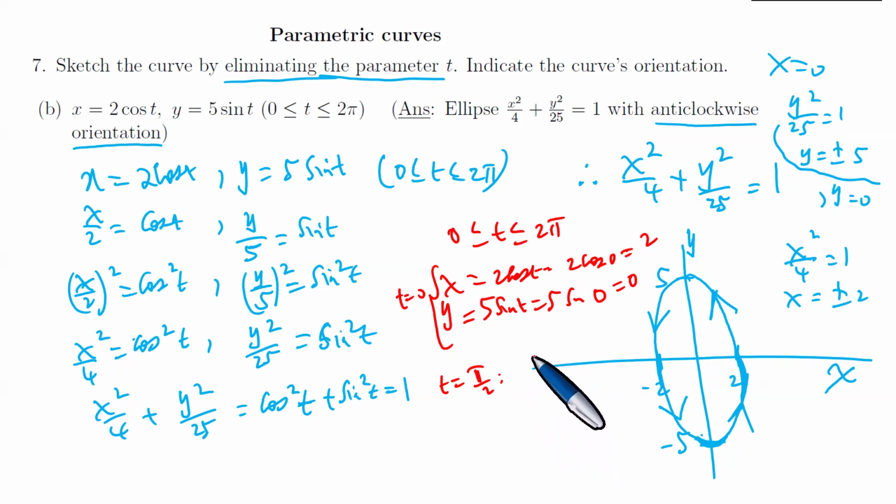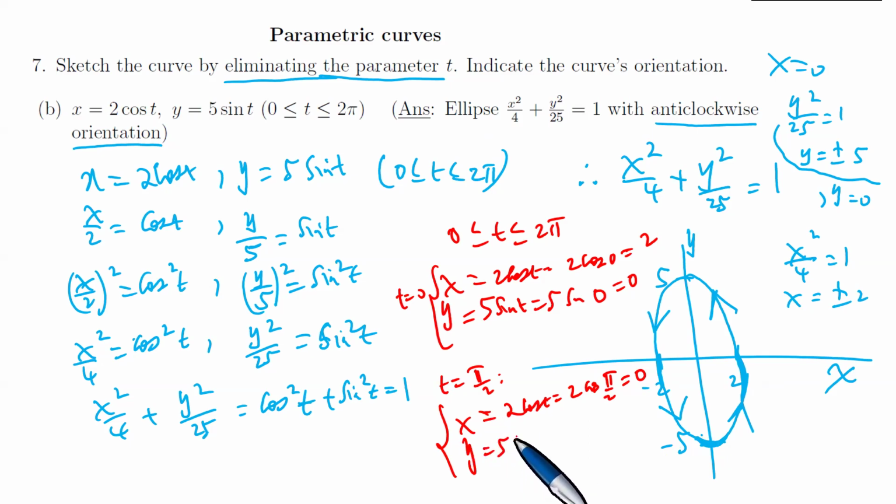Or somewhere between 0 and 2 pi, not exactly in the middle. So your x is 2 cosine t, which is 0, and y is 5 sine t, which is 5.